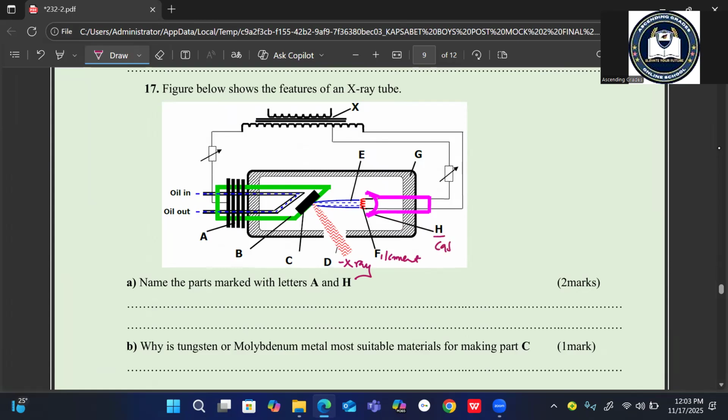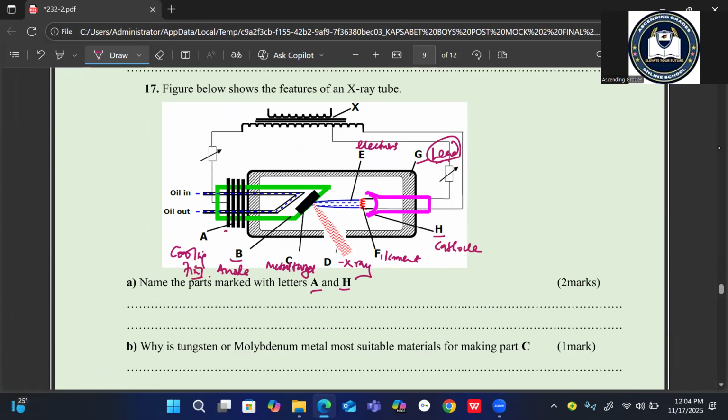This is the cathode. We have the lead. We have this one as a beam of electrons. We have the metal targets. This becomes the anode. We have cooling fins. Then now I can start responding.